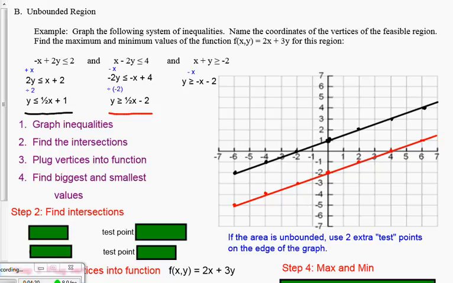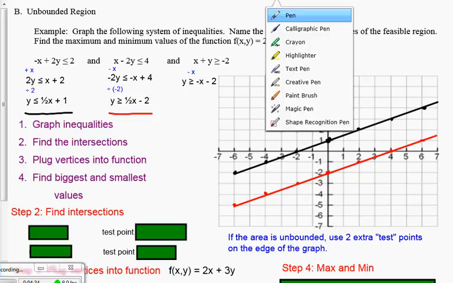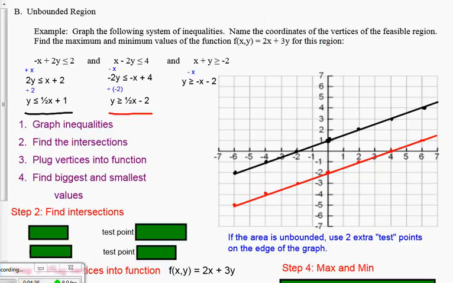Now, at this point, I should probably also shade them. This is the highlighter part. If I shade this one in yellow, again, we need to go everywhere less than that line. So it's going to be all of this area. I'm not going to hit everywhere with my shading, just enough to show this is the area that is less than that line.